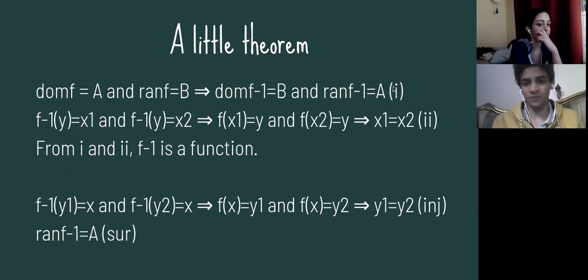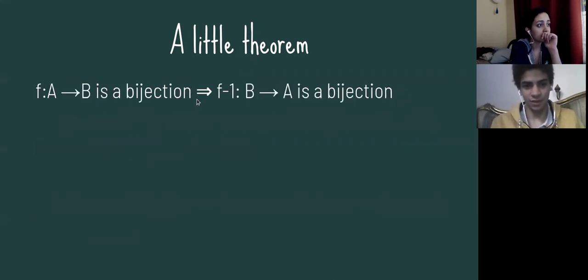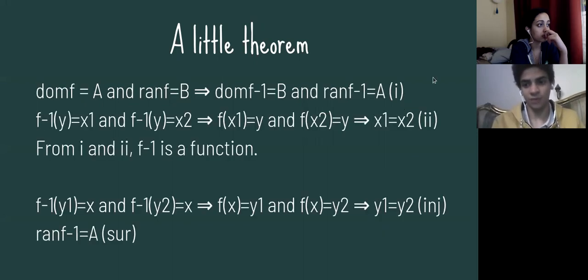So that's the first condition to make the function surjective. Okay, so when dealing with any function, a surjective function is a function where the range is the same as the codomain. So for this to be surjective, you have that the range is not just a subclass of B, it's equivalent to B. Okay, and for f inverse to be surjective, I would have that the range of f inverse is equal to A, not just a subclass of A. This would make it surjective.